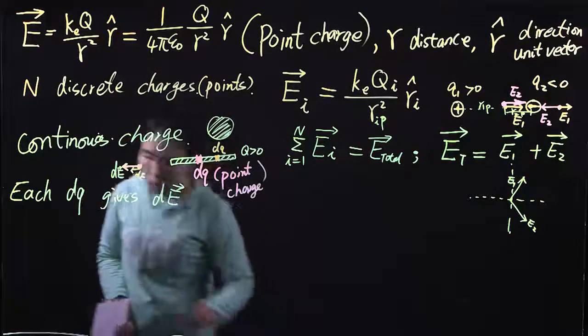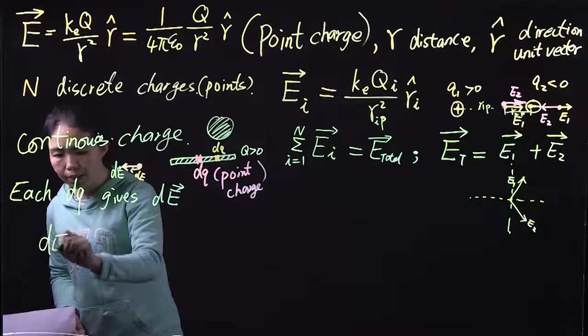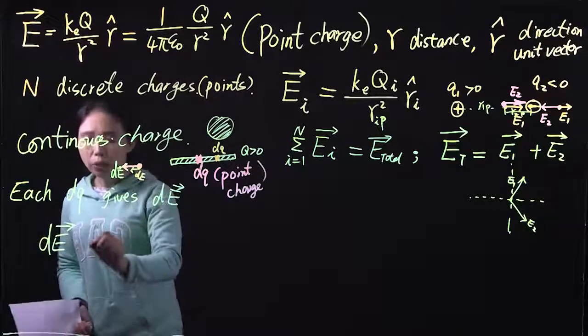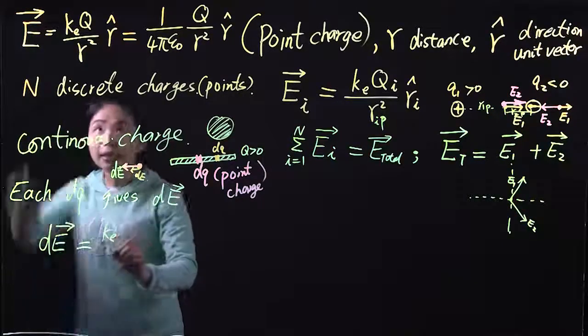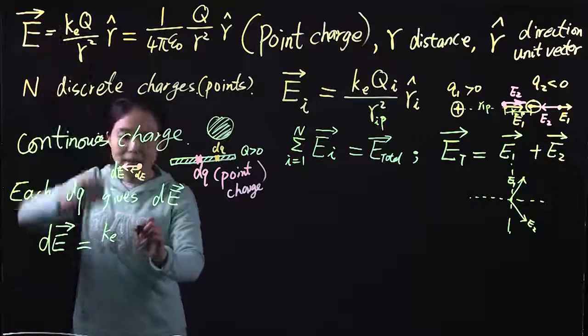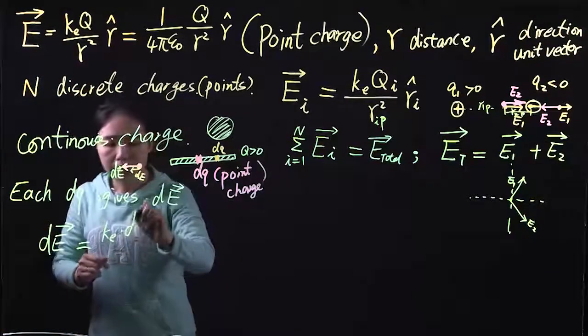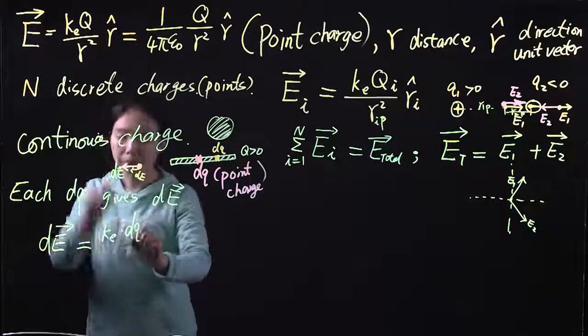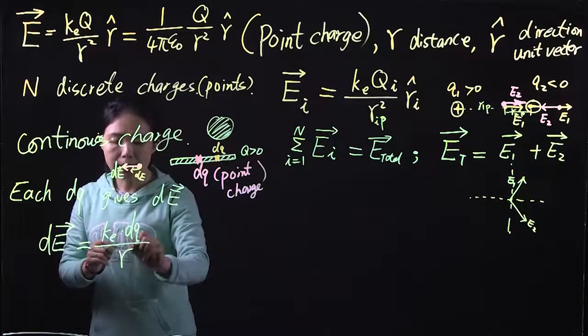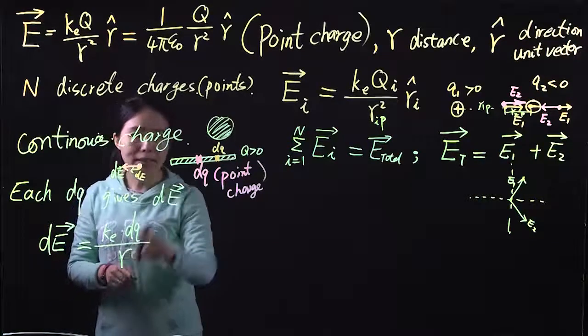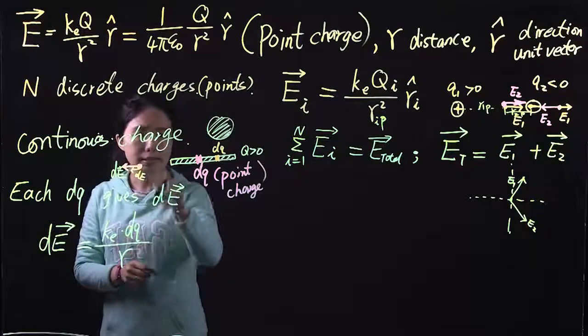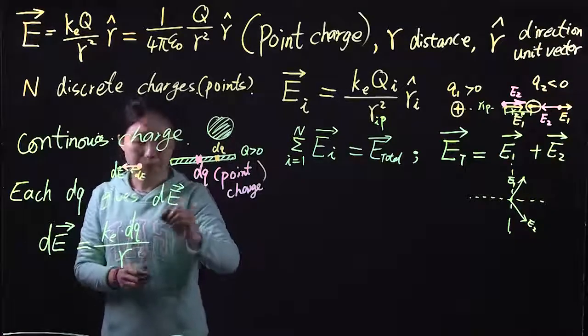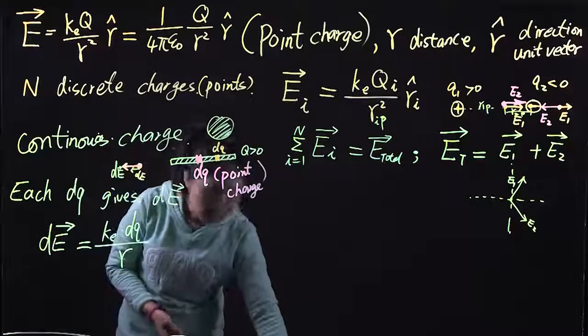For each small charge, the small amount of dE is equal to Ke multiplied not by the total amount of Q, but by a small amount dq, over the distance r squared. The distance is not the center-to-center distance, it's the particular distance, the pink one.